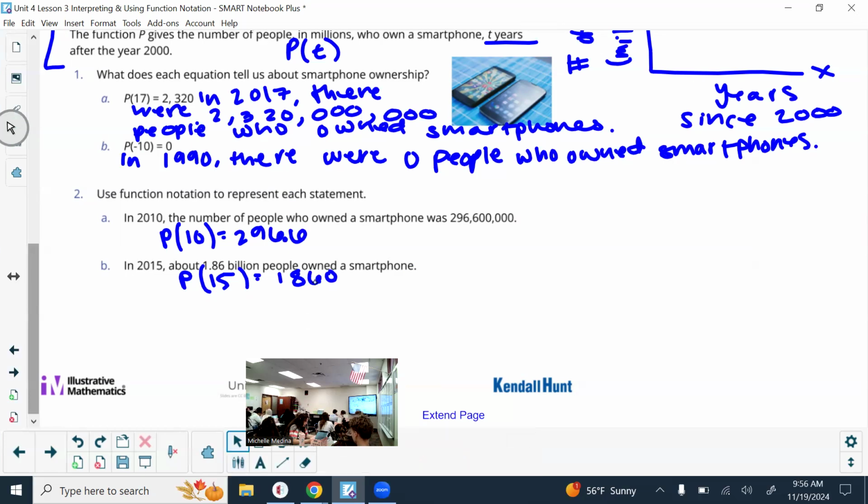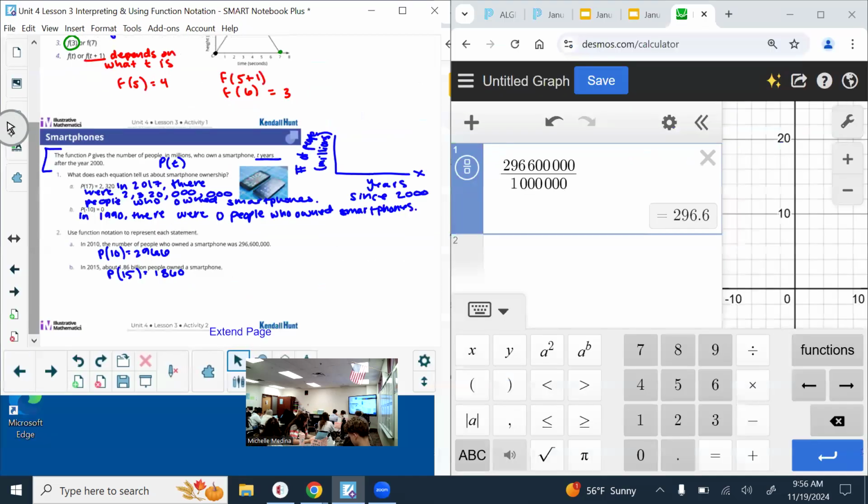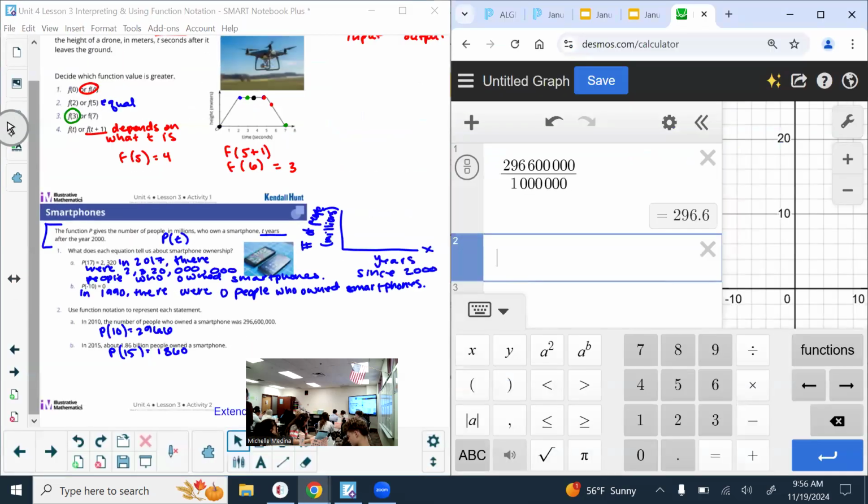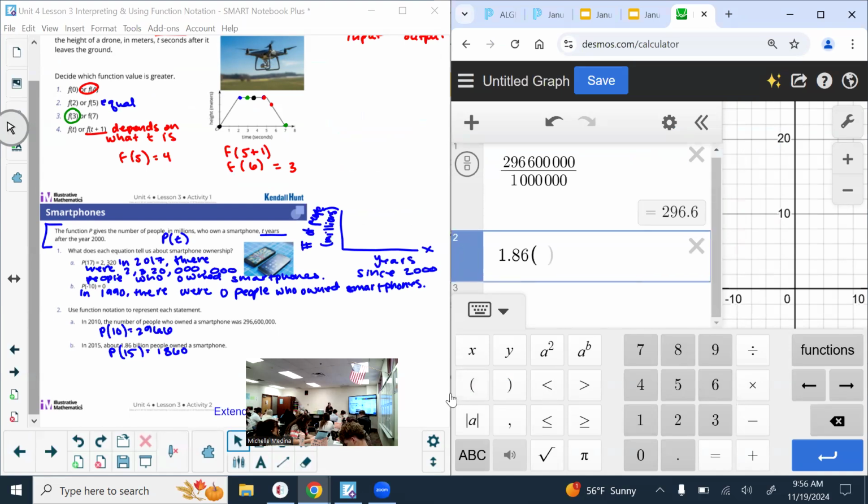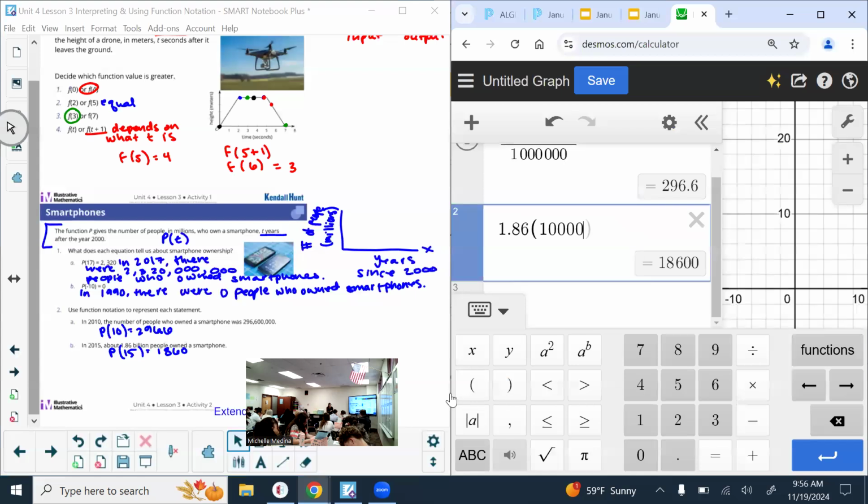Let's check to see that this is the right number, that they converted it to millions, right? If it's 1.86 billion, so how many zeros is billion? 9, right? So first, it's gonna look a little weird, but this is the only way I know how to properly do it.